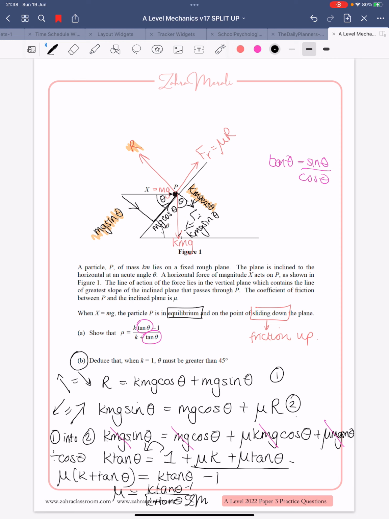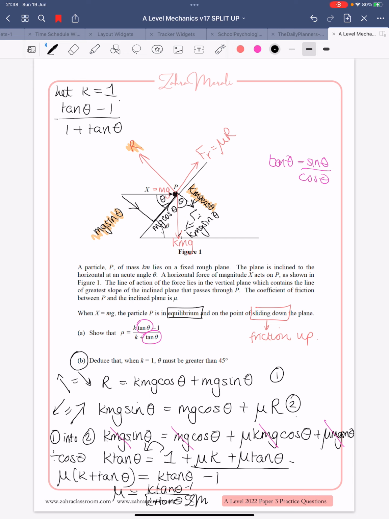So for part B, we want to deduce that when k equals 1, theta must be greater than 45. Okay, so let k equal 1. Then you're going to have tan theta minus 1 over 1 plus tan theta.